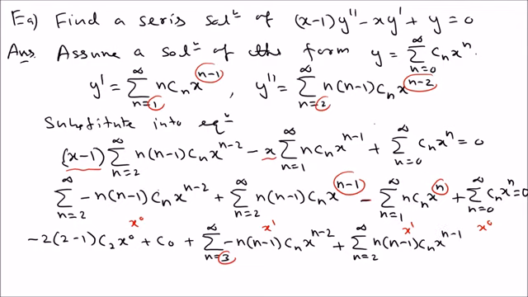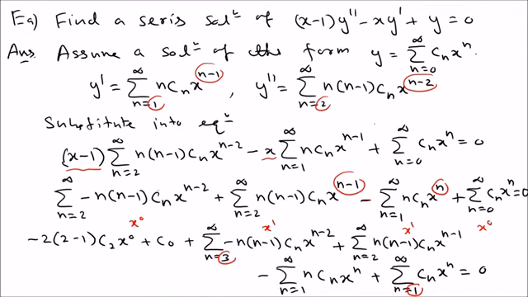And then I'm going to write here negative, no change, because this is still a common term. So we can write n cn x to the n. From the last one, it has to start with n equal not 0 but 1, because we already wrote the first term there. So we change the indexes only for those uncommon terms.